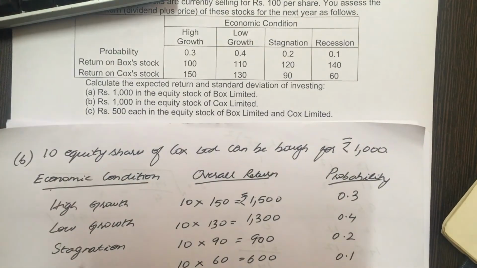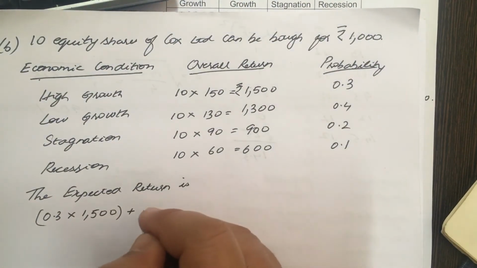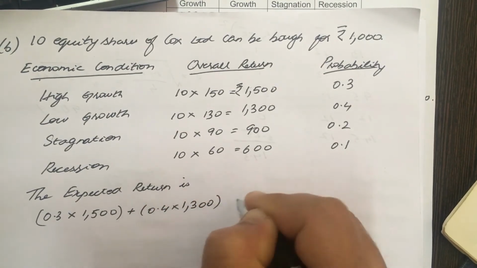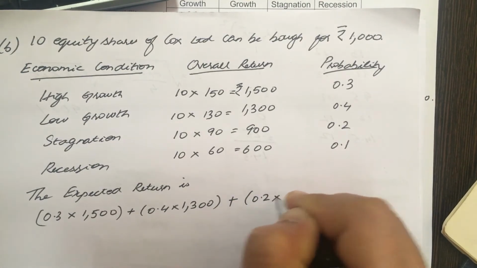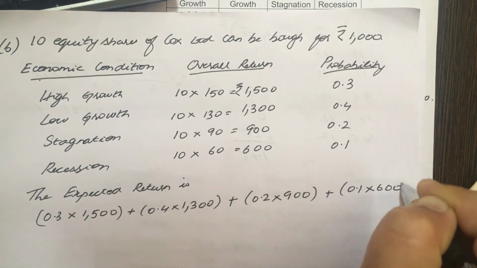Now let's find out the expected return. So the expected return is 0.3 into 1,500 plus 0.4 into 1,300, 0.2 into 900, and 0.1 into 600.